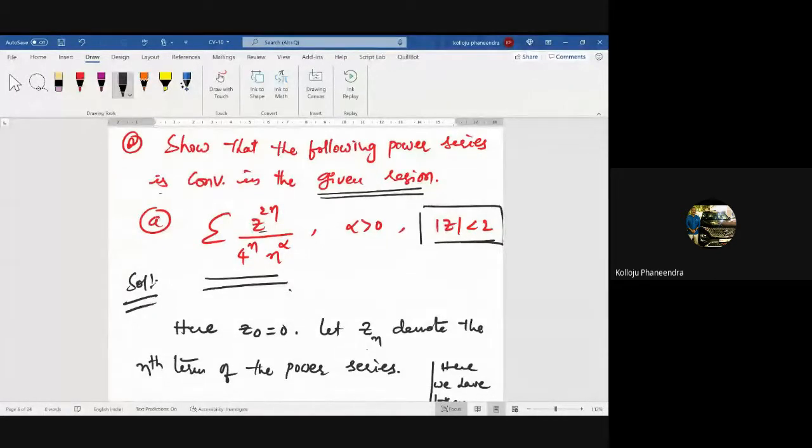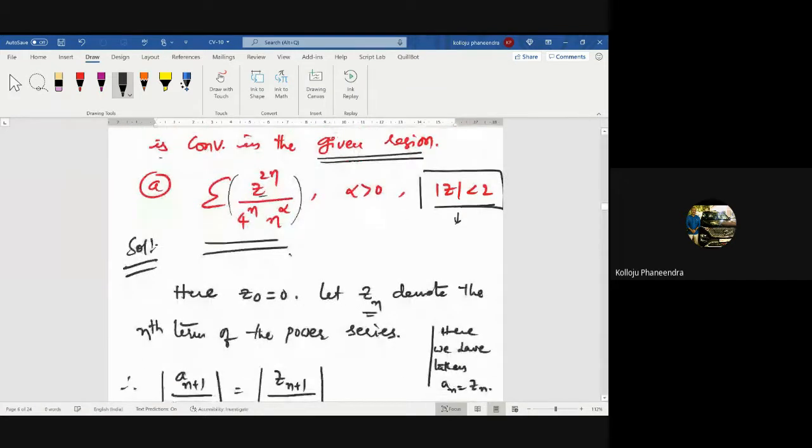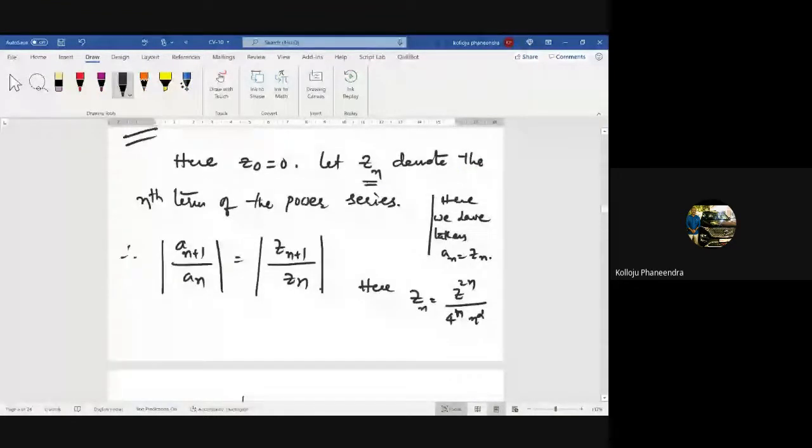For example, if I take an as 1 by 4 power n power alpha, I will not get the region in terms of z directly. So I am considering the entire term as the nth term, denoted Zn. To get the region directly in terms of Z, I am considering Zn as the entire function.